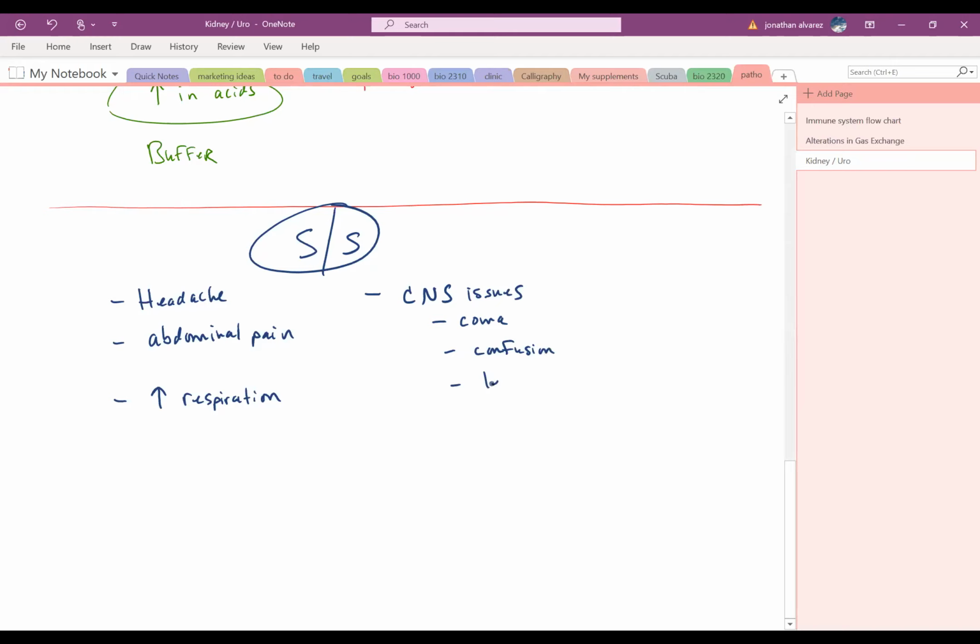Okay, they'll be lethargic. Another word for confusion is stupor. Okay, stupor is a fancy word for mental confusion or decreased mental function.